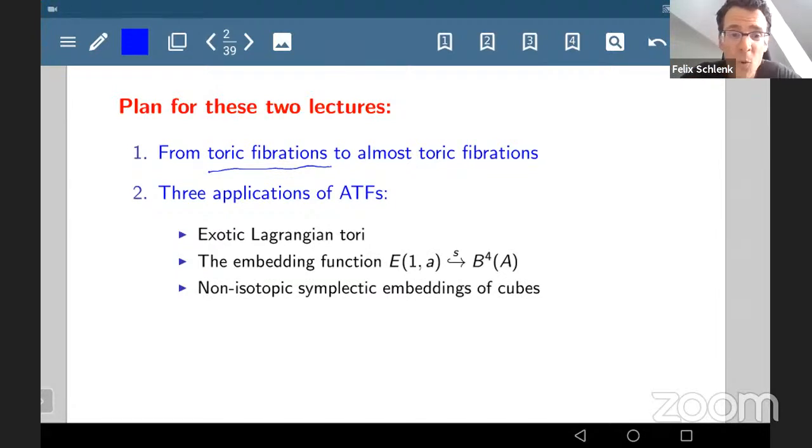So I believe that these almost toric fibrations are a tool, a setting one should learn, because if one thinks about something and for some reason it fits into this almost toric situation, then with some luck the proof can just become much easier. So either you prove something new or you prove something old but 10 times shorter.